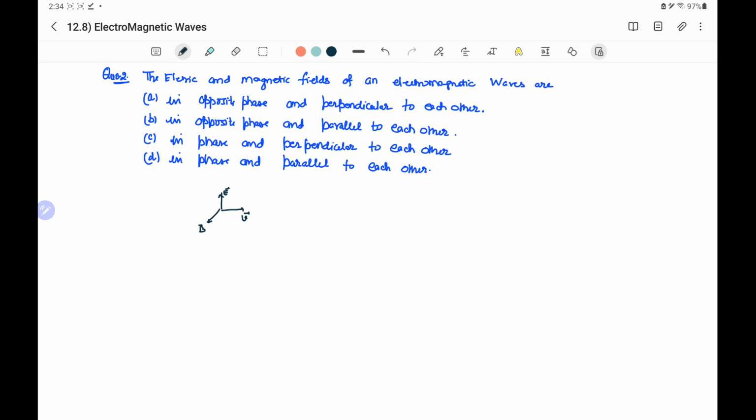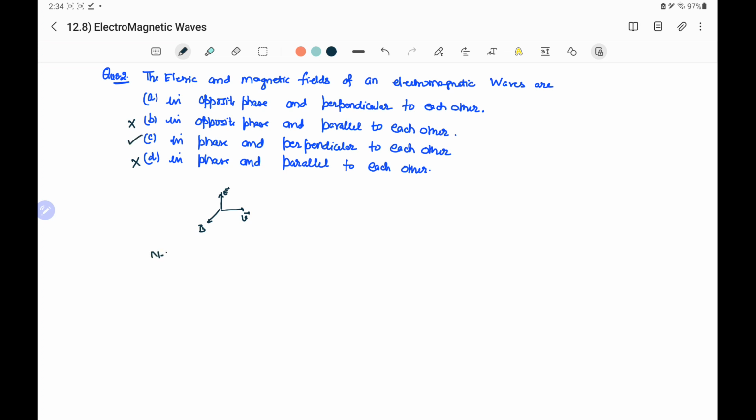So we can discard option D and option B because electric field vector and magnetic field vector are perpendicular to each other. Also, we know that electric field vector and magnetic field vector for an electromagnetic wave oscillate in phase. So option C is the correct option.